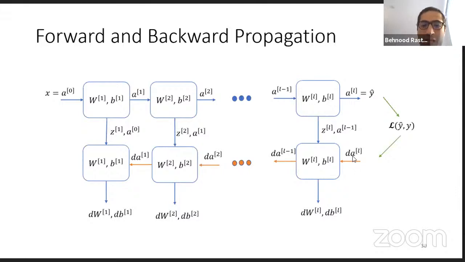So here dA, db, and dW are a simplified version of dJ over dA, dJ over db, and dJ over dW, and J is the cost function.